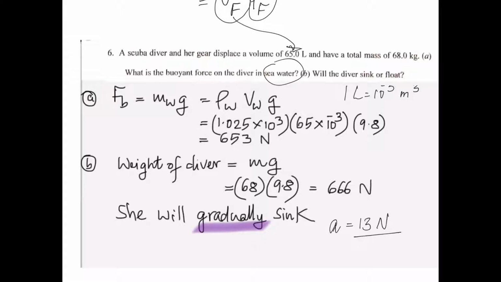If you divide that by her total mass, 68 kilograms, you get the acceleration, approximately 1/5 or 0.2 meters per second squared, which is small. So you see that the acceleration downward is really small, and that's why I said she will gradually sink. Hope that makes sense.